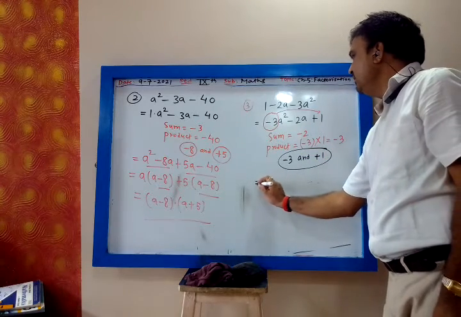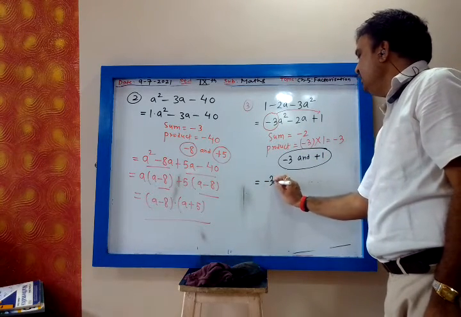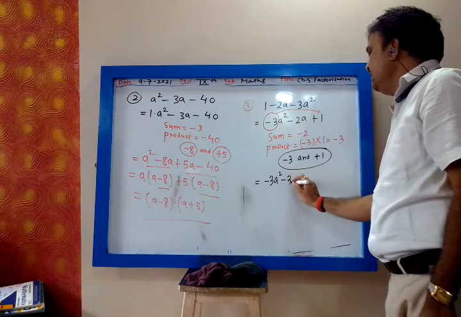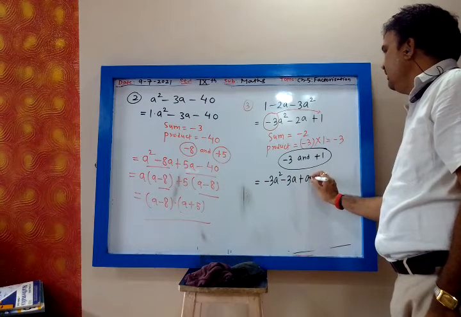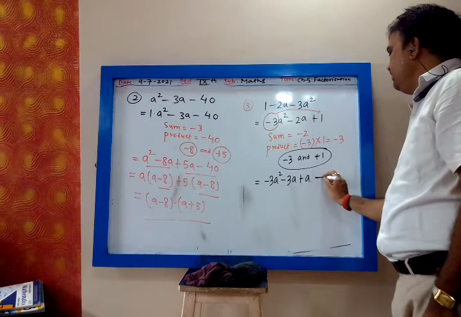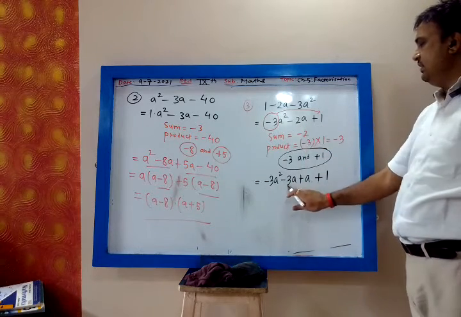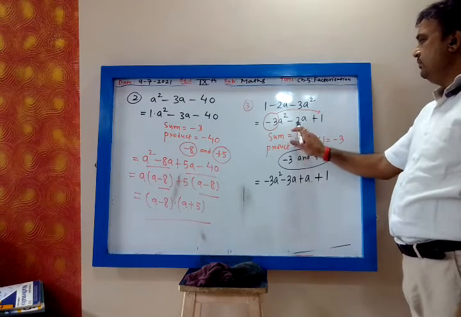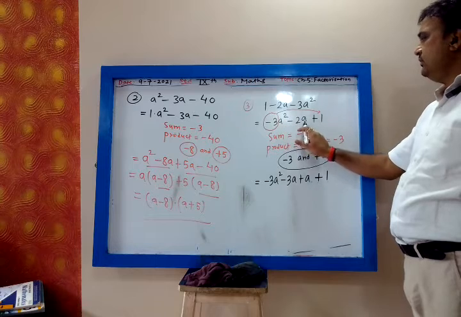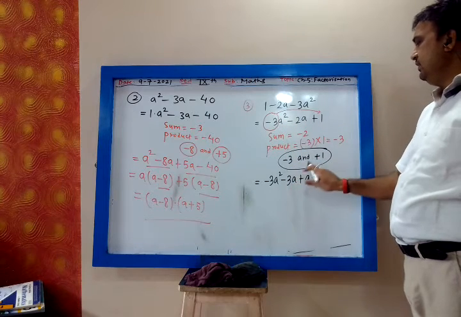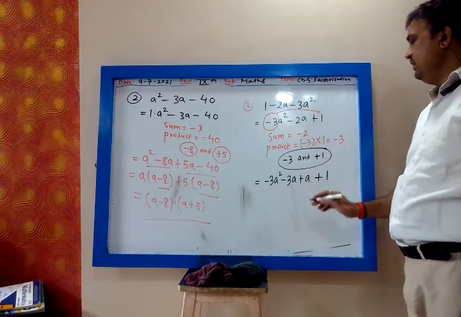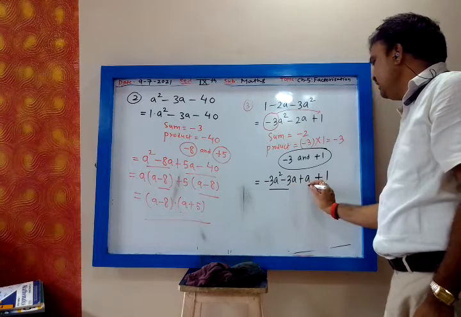So this I will write as minus 3a square, then minus 3a plus a plus 1. Minus 2a I will write as minus 3a plus a. The middle term is split. Now with these two I will take together.